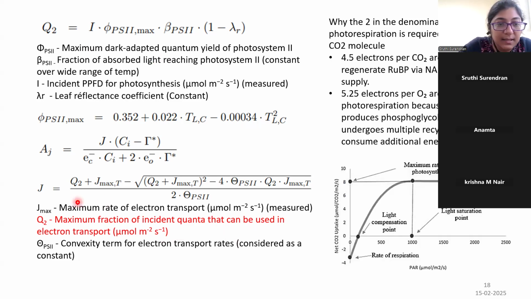Now, another thing we see here is Ec and E naught. This is how we know the electrons available for carboxylation and electrons available for oxygenation.